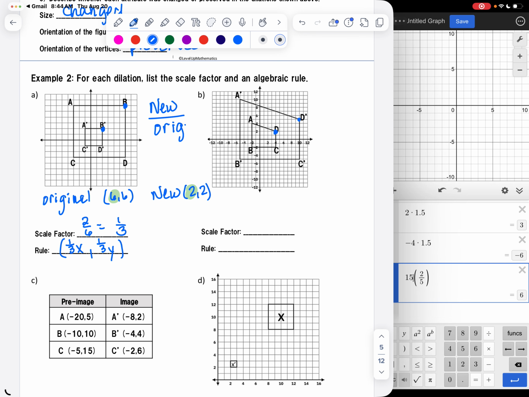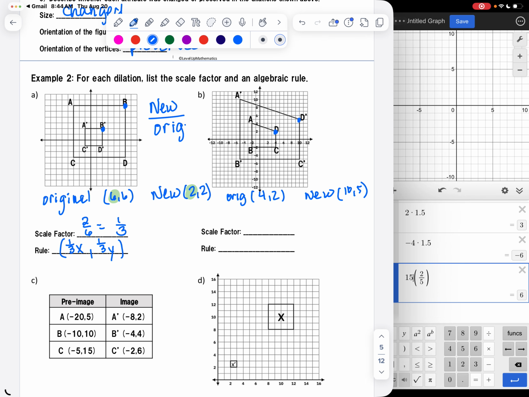So I'm going to compare D to D prime. So original was 4, comma 2. The new, again, I'm focusing on D prime here, is going to be at 10, comma 5.